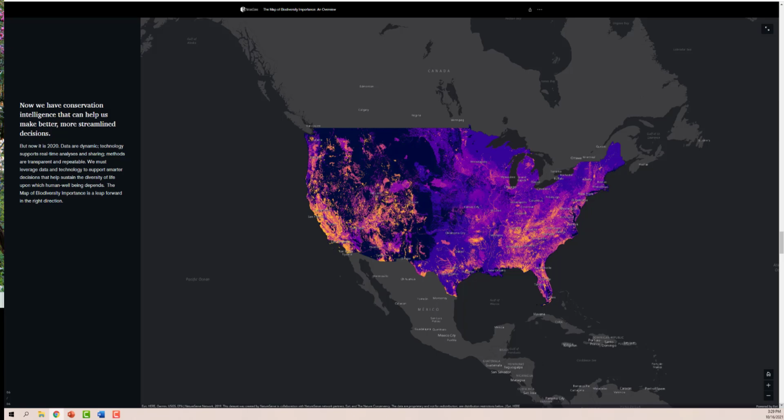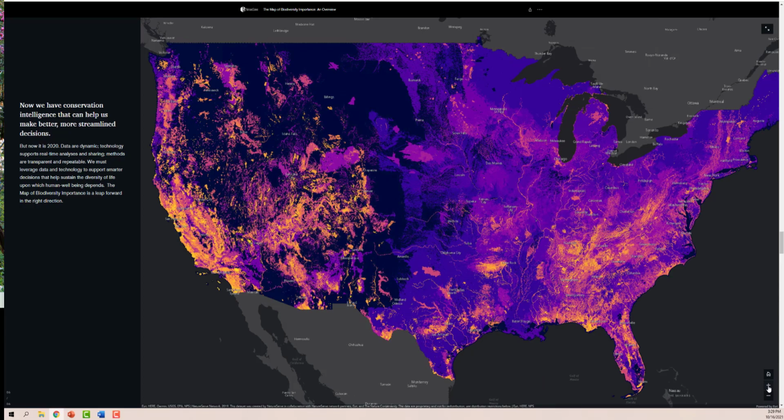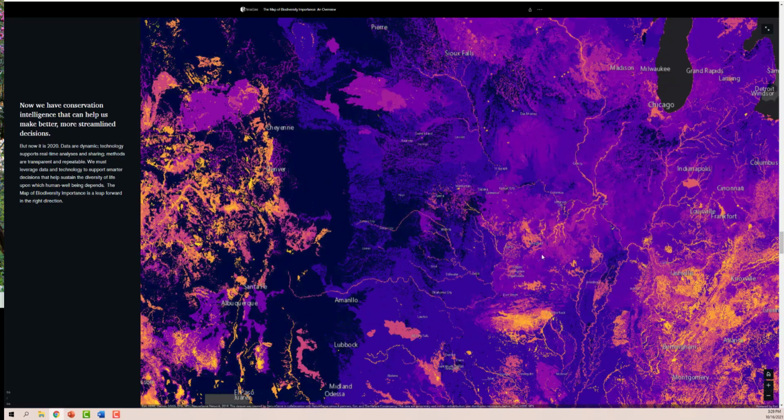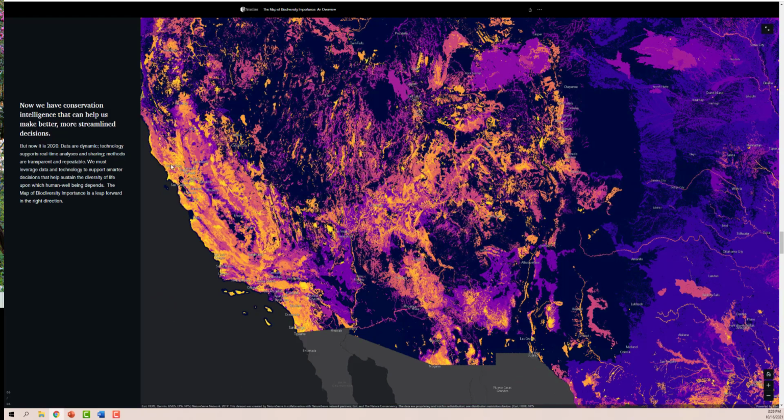So if I zoom in a little bit more on the map, you can see that this is much more sophisticated than those areas where, looking at California, we did have some red areas that were hotspots, and that had a lot to do with the fact that not only are these areas important to conserve and they're in peril, but that's where we had a lot of intense data collection.